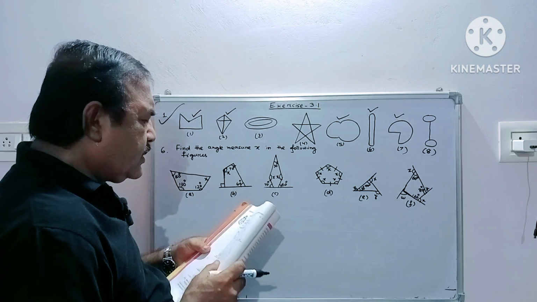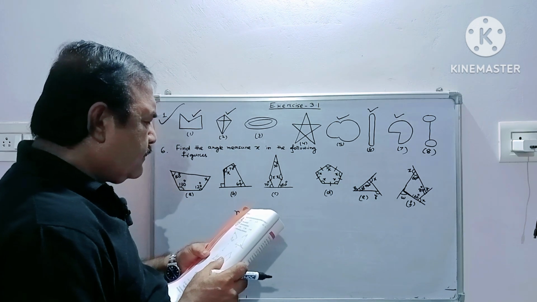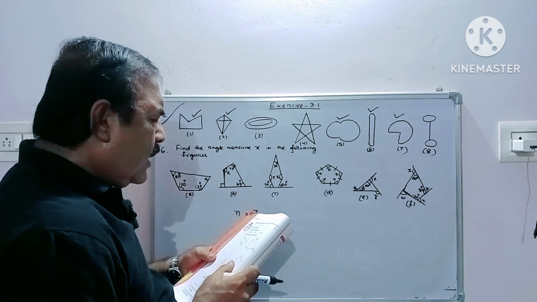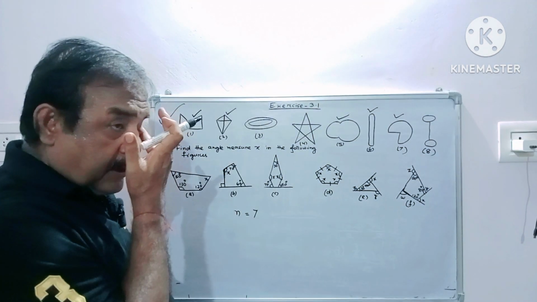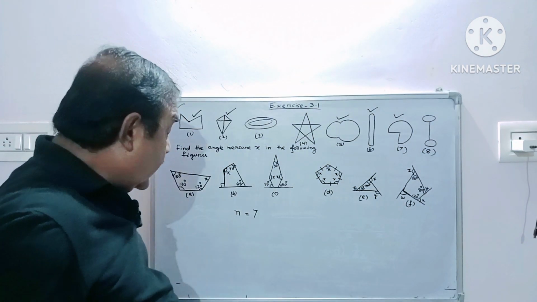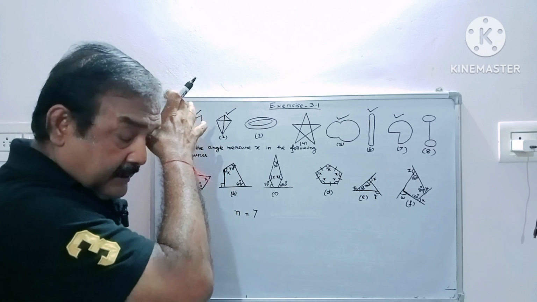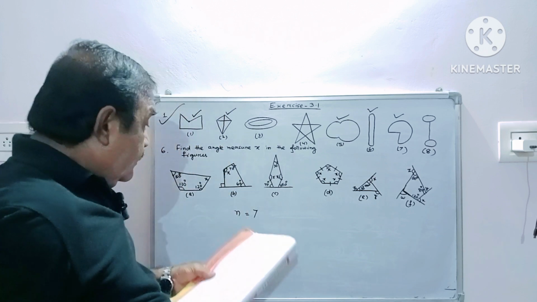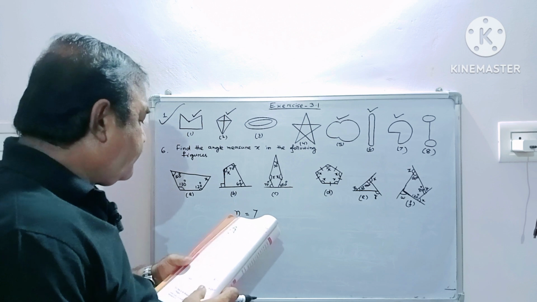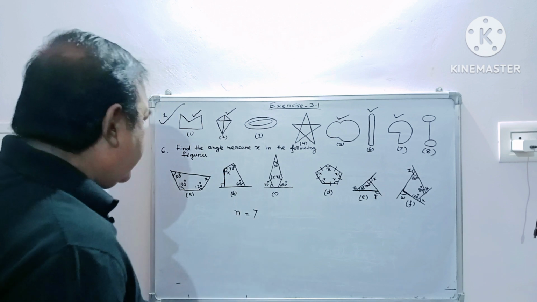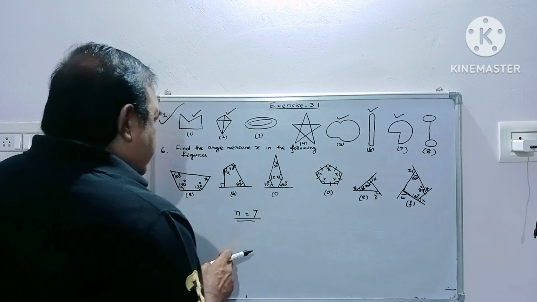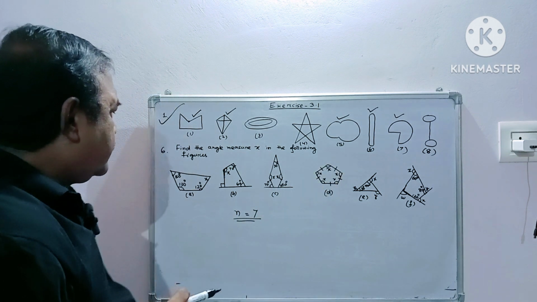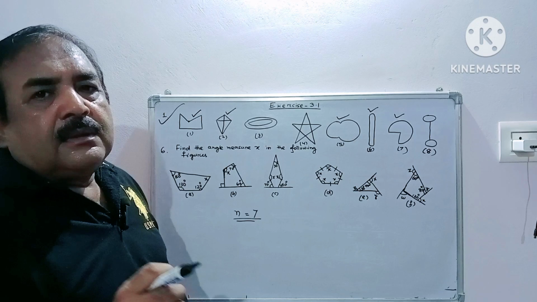And we have been asked to find the angle sum of a convex polygon, that means the sum of the measures of the interior angles of a convex polygon whose sides are 7. That is the heptagon.